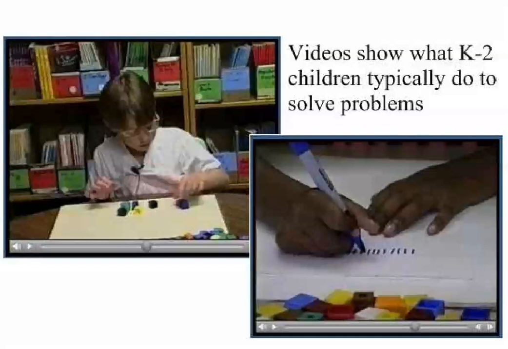So one thing that we regard as a typical progression is that children move from understanding things in a concrete way to understanding things in an abstract way.